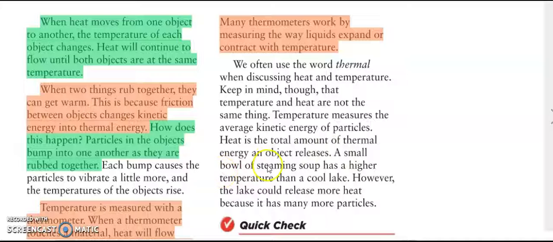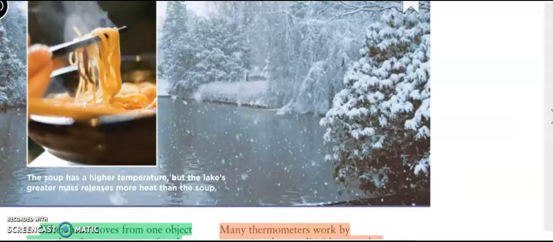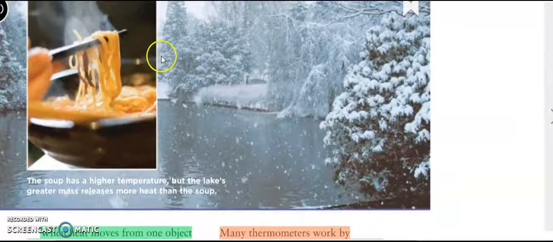So a small bowl of steaming soup has a higher temperature than a cool lake. However, the lake could release more heat because it has many more particles, as you see in this picture above. The soup has a higher temperature, but the lake's greater mass releases more heat than the soup.